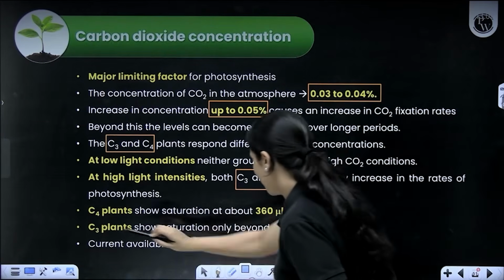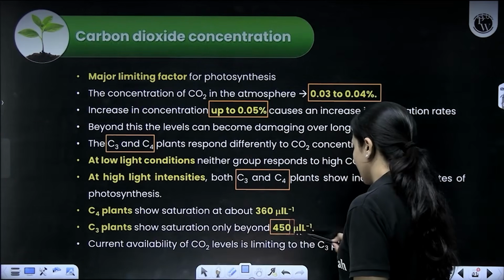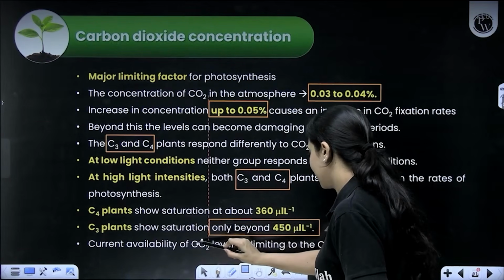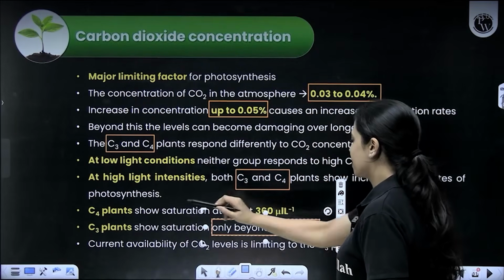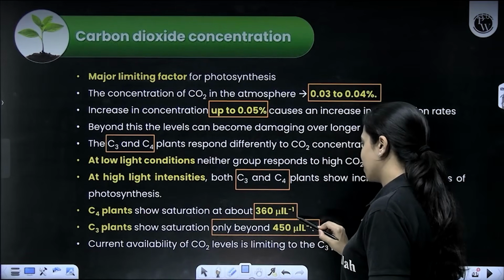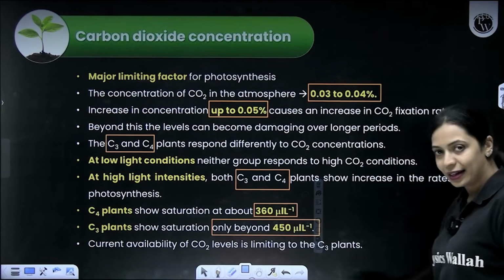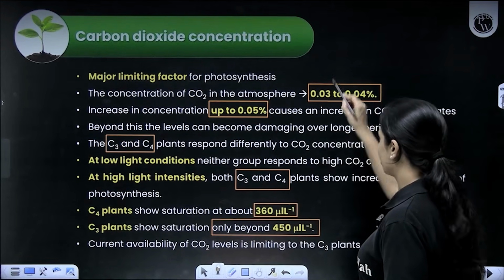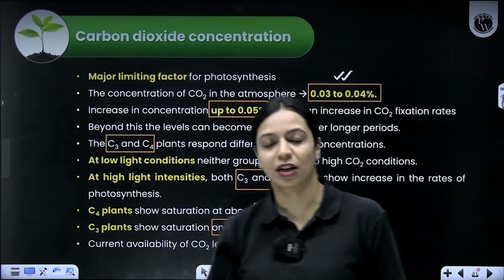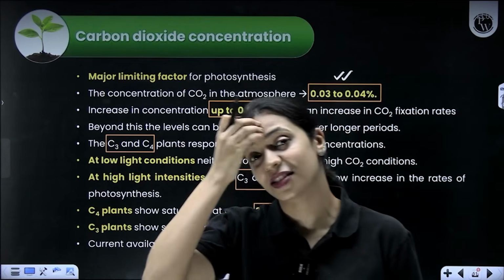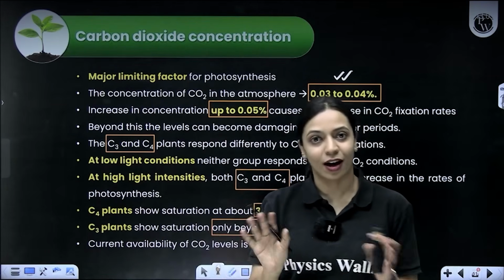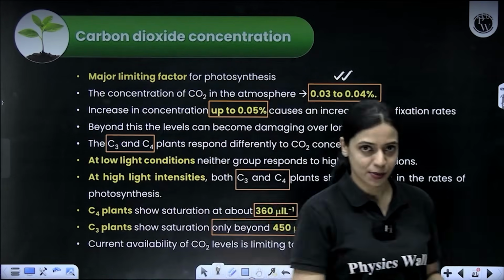C3 plants show saturation only beyond 450 microliters per liter, whereas in C4 plants, it is much lesser, around 360 microliters per liter. So currently, whatever carbon dioxide is available to the plants is limiting for C3 plants only. C4 plants are such geniuses, they have a way to ensure carbon dioxide is always present around rubisco.